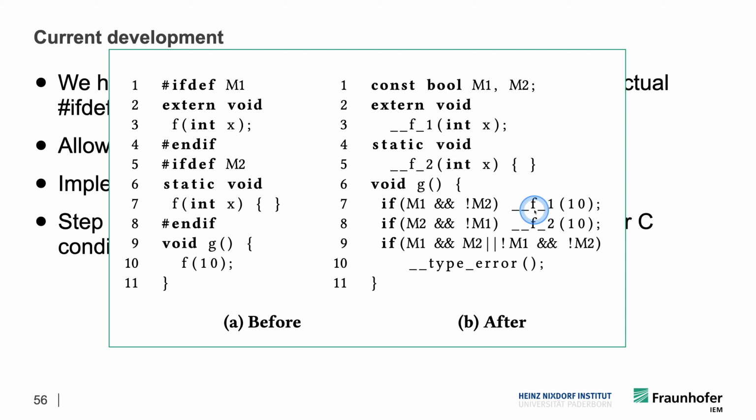So F1 is called or F2 is called. And if I enable both M1 and M2, then I even get this dynamic type error, right? So that's not a type error that's thrown by the compiler. That's a type error that I will then obtain at runtime. So that's already kind of useful, right?